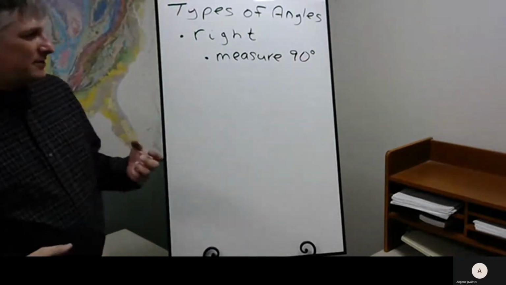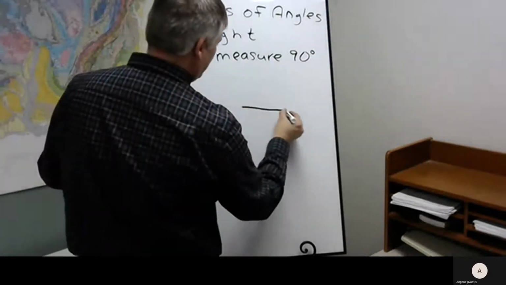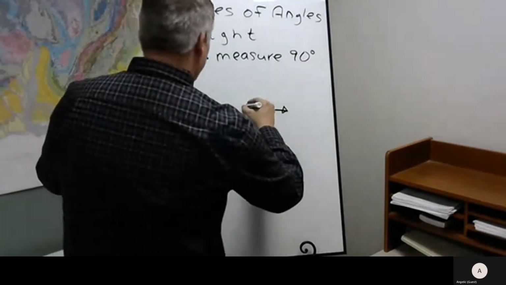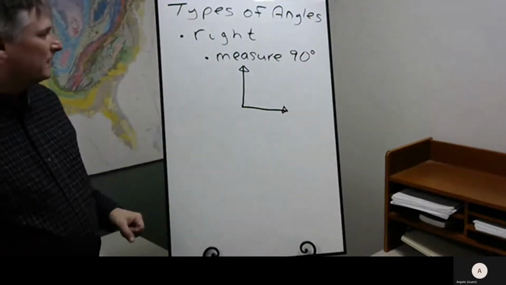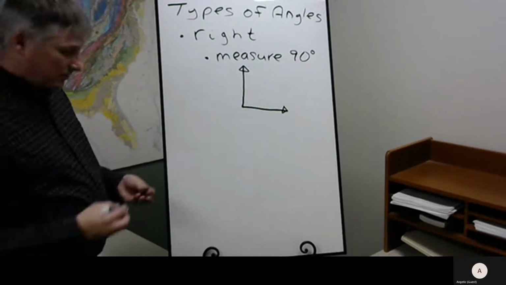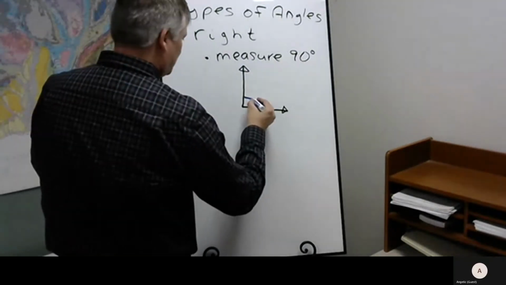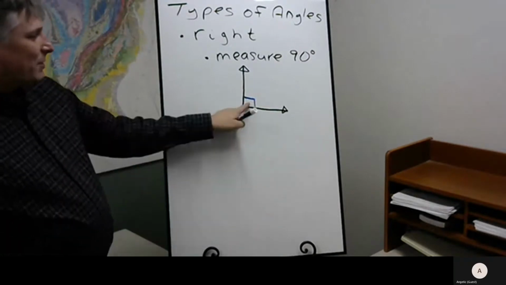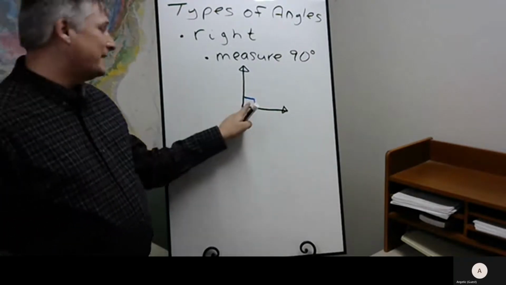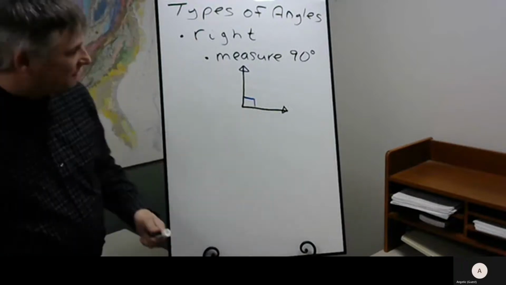And what they look like is basically a chair with a perfectly horizontal seat and a perfectly vertical back. And to represent a 90-degree angle, we do it a special way. A little square on the inside. This represents 90 degrees. So instead of writing 90 degrees, we just use that symbol.